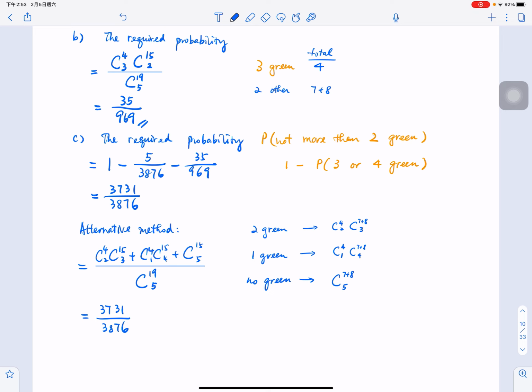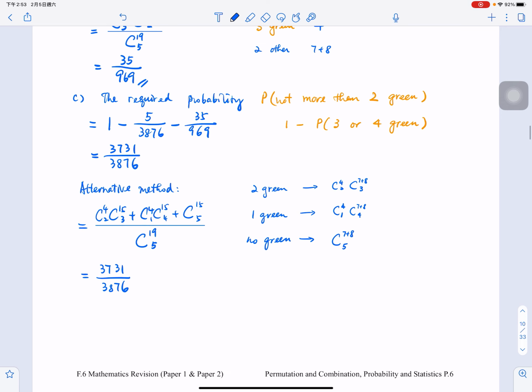But if you are not using the combination or permutation, actually, you still need to use it. You will know why after I tell you. Let's see part C, and one more alternative method. Actually, you can think of it this way.